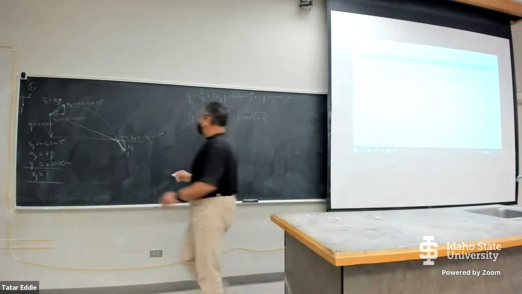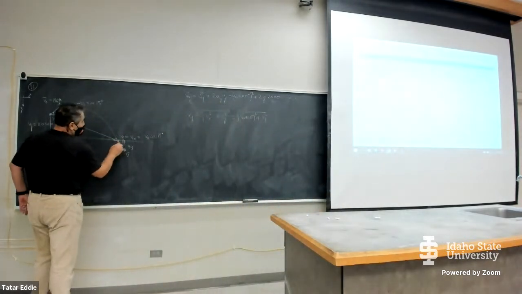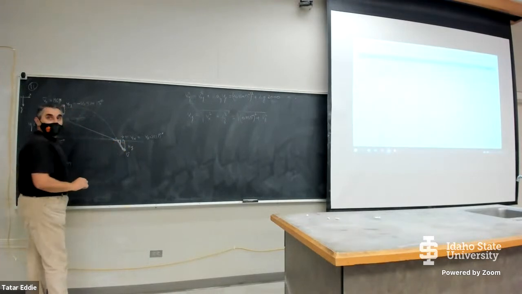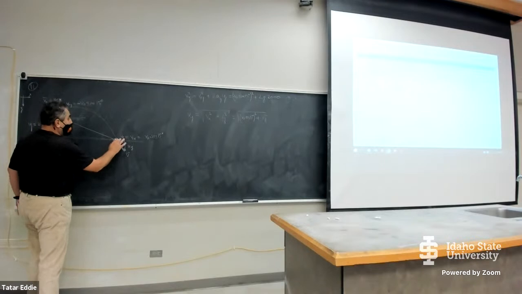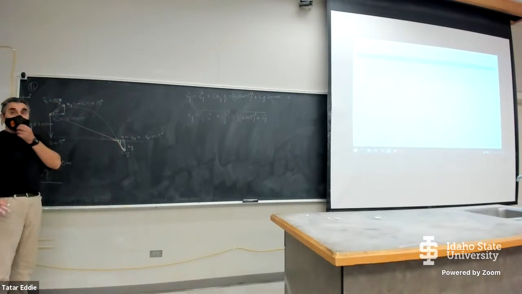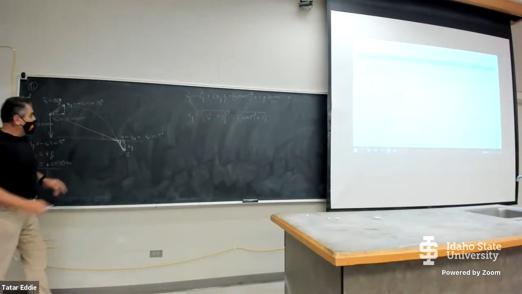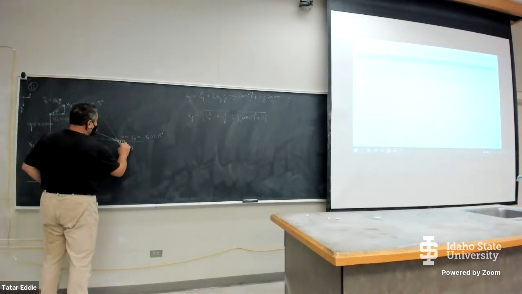How to find the angle between the final velocity and the horizontal, this angle? Well, look at the right triangle that is formed by the components of the final velocity. Call that angle alpha.